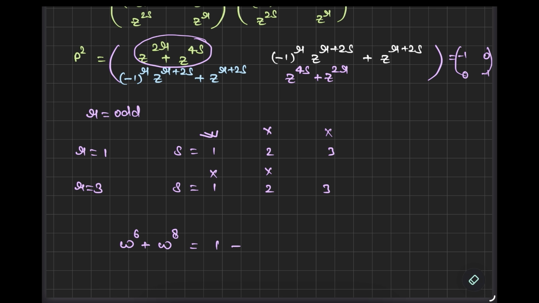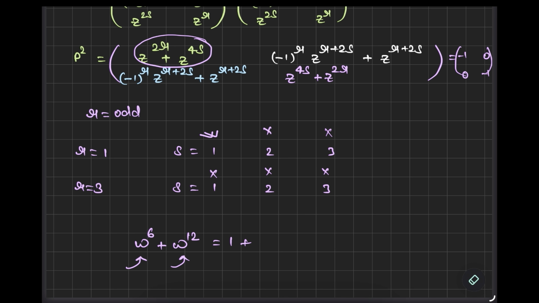Now we have to check the last option 3. So omega power 6 plus omega power 12. You know that it can be written as omega cube into omega cube, that is 1. Then this is omega cube, omega cube, omega cube and omega cube. So it is also 1. So this is 2, not minus 1. So again it is wrong.